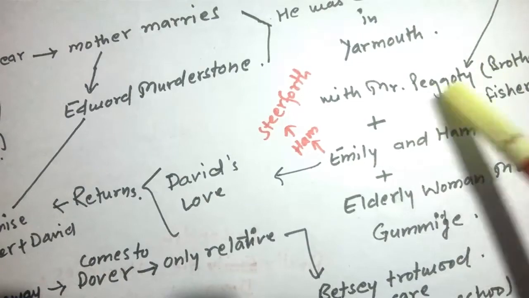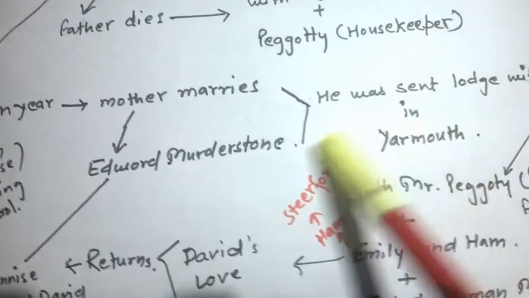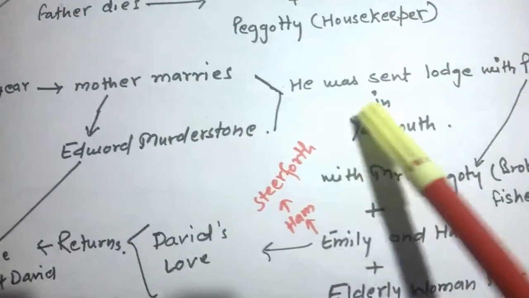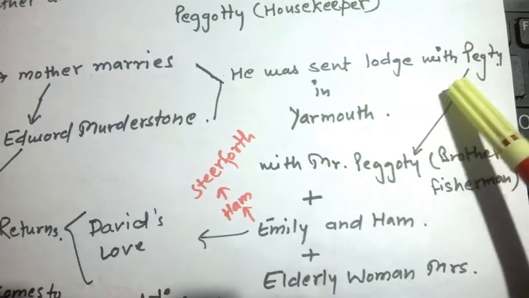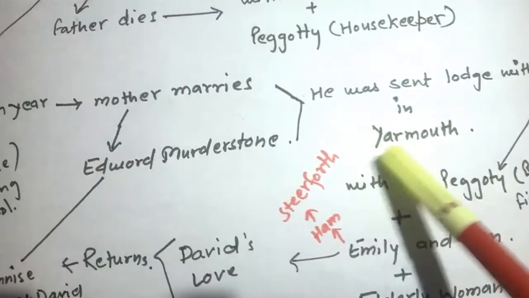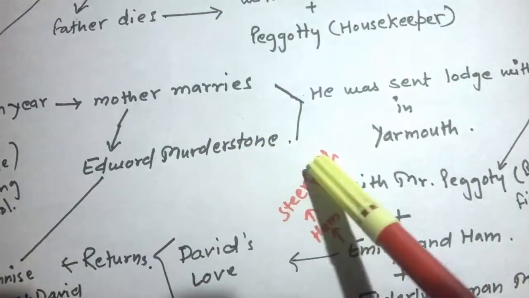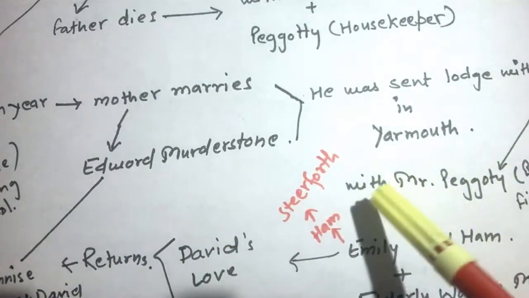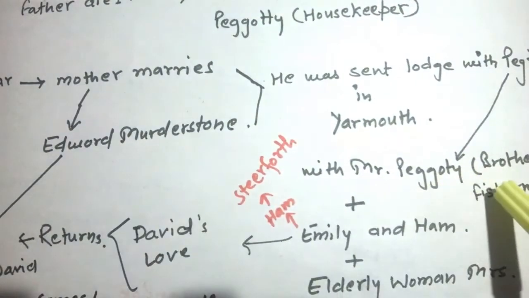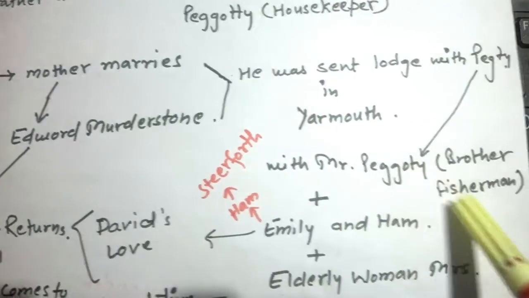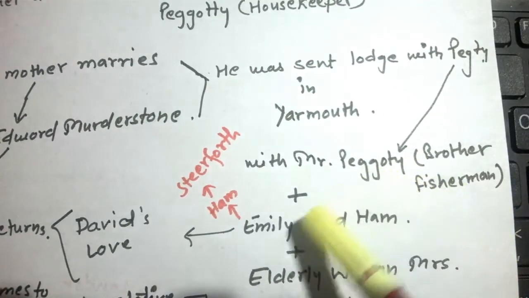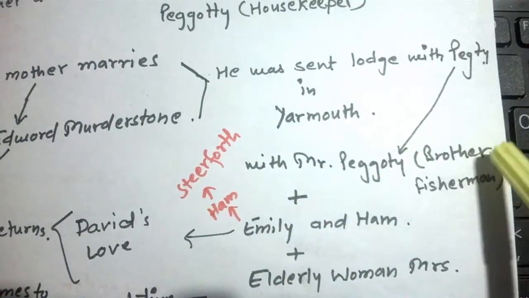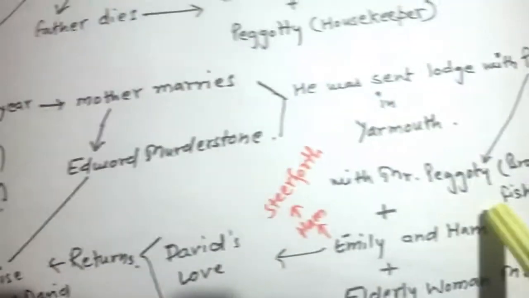I've written here some other work. When he went to Peggotty in Yarmouth, when his mother dies, there was Peggotty and Mr. Peggotty, her brother, who was a fisherman.